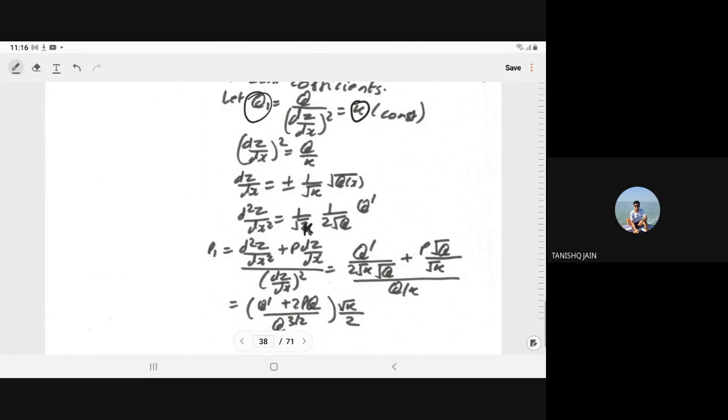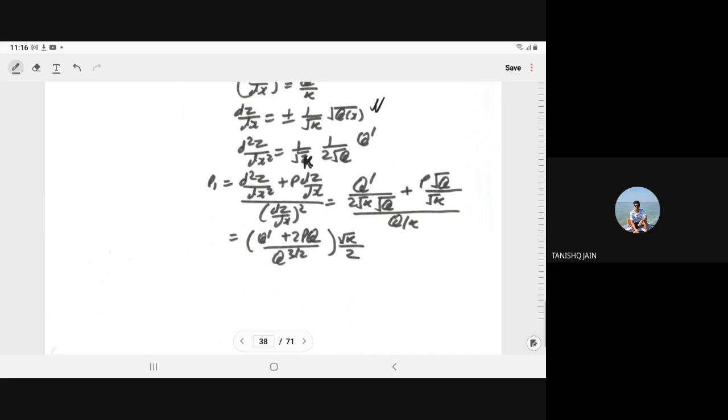So put the value of d2z upon dx2 as 1 upon 2 root k root q into q dash, plus p into dz by dx. From here dz by dx is root of q upon root of k. So p into root of q upon root of k, and whole upon (dz by dx) whole square, q upon k. So this will come q dash plus 2pq upon q to power 3 by 2, into some constant.